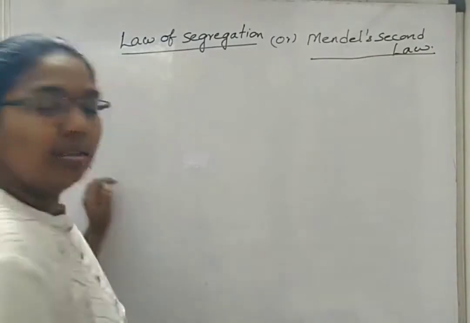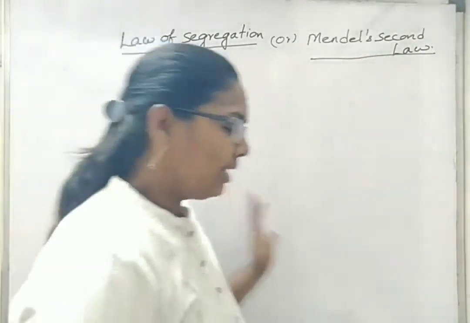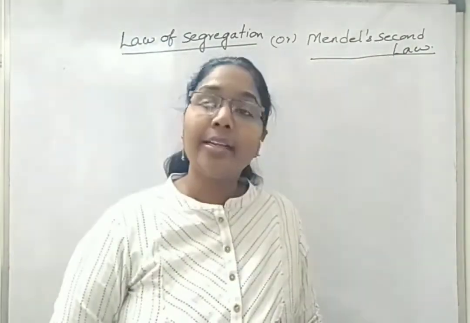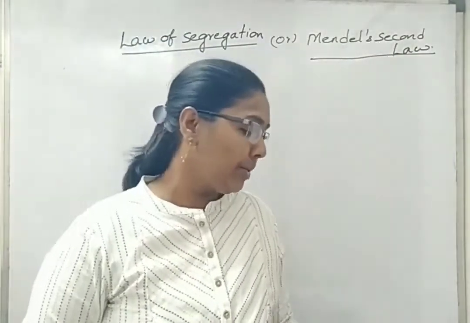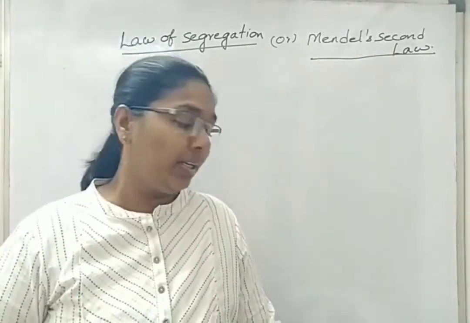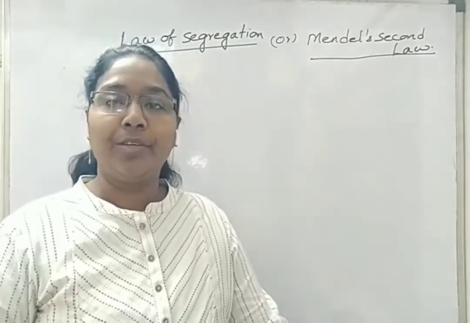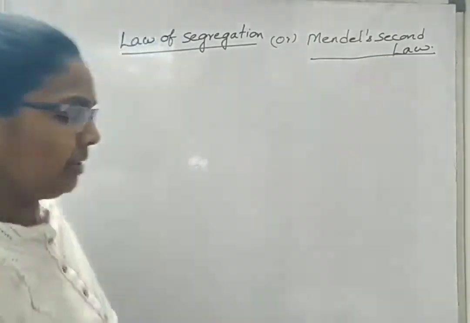How can we see this one in the form of a definition? The allelic pair of a hybrid is segregated or separated during the formation of gametes, and during formation of new gametes, it receives only one of the two factors, and those two factors are pure for their genetic trait.